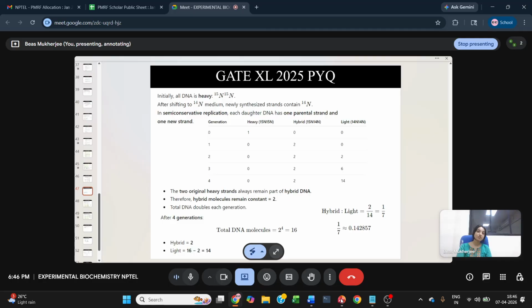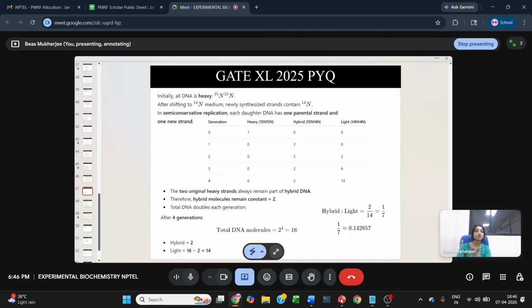In generation 0, it is only 15N-15N DNA, heavy DNA. In the first generation, it's a hybrid. In the next generation, there are 2 hybrids and 2 light chains. In the next generation, there are once again 2 hybrids and there are 6 light chains. In the next generation, there are 2 hybrids and 14 light chains. So the light chains keep on increasing, right?